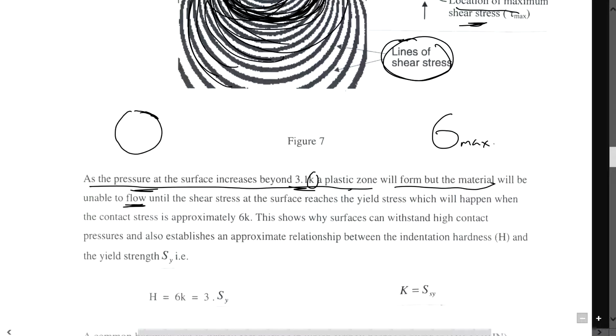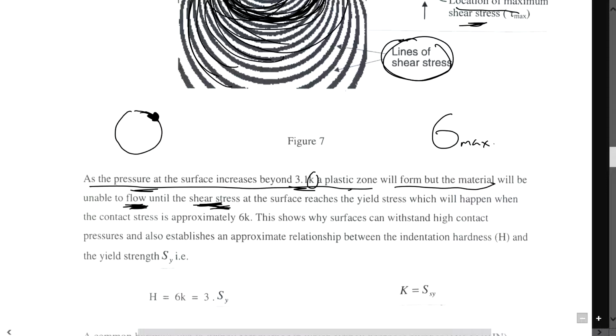However, it will not deform because the shear is unable to flow, so it is controlled by the shearing part. Although there is a certain maximum stress, it will not deform because of the shear stress.